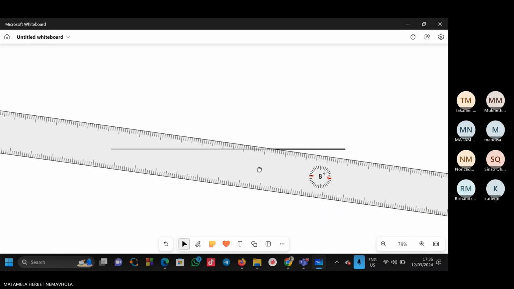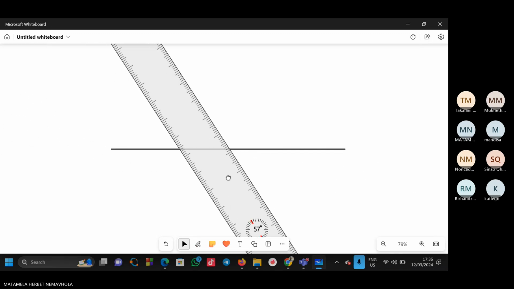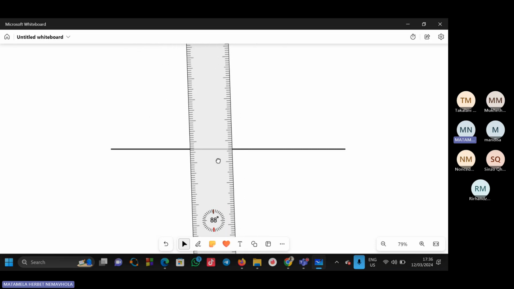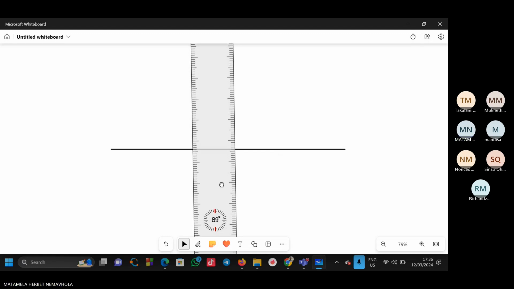When I draw my graph, let me just try to be better with this ruler. The angle must be 90 degrees, so that it is accurate. It's a very straight line when it's at 90, but not really. Yeah, maybe 89 is fine.